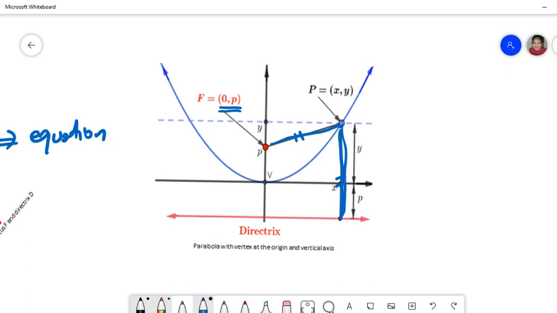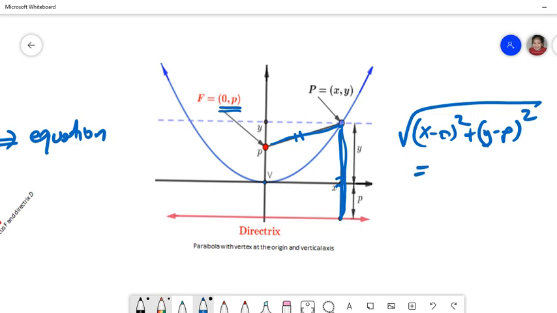So when you calculate the distance from (0, p) to (x, y), it will be the square root of (x minus 0) squared plus (y minus p) squared, and that is equal to y plus p.